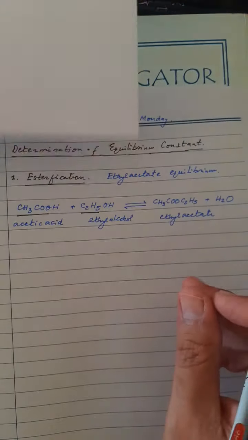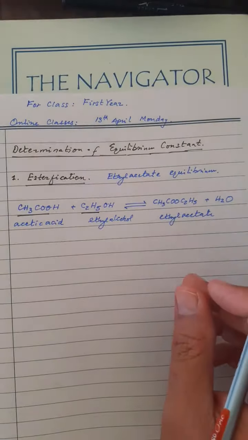Yeah. And then we need these chemicals, the acetic acid and ethyl alcohol, equimolar, let's say 10 ml of each, which we drop in these flasks.